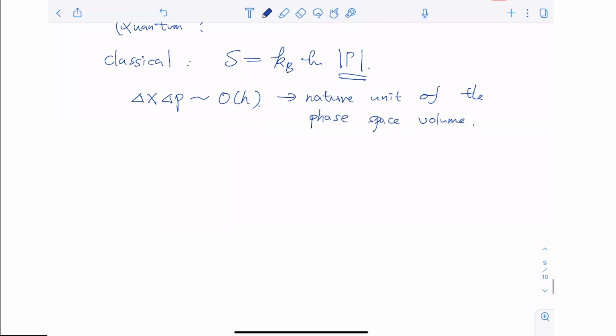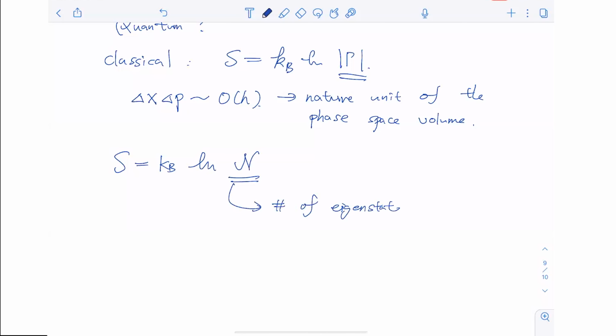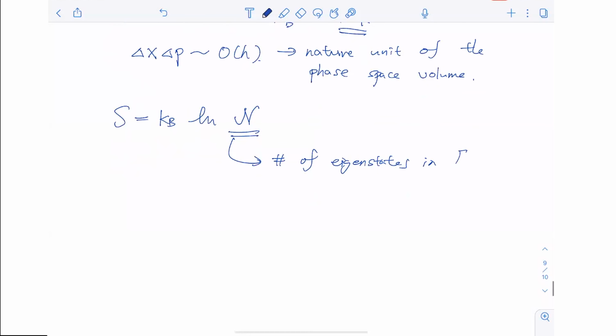And it turns out that when we try to generalize it to the quantum version of Boltzmann's postulate, you can simply consider it as natural log of N, where N is the number of eigenstates in the region with specific extensive variables.